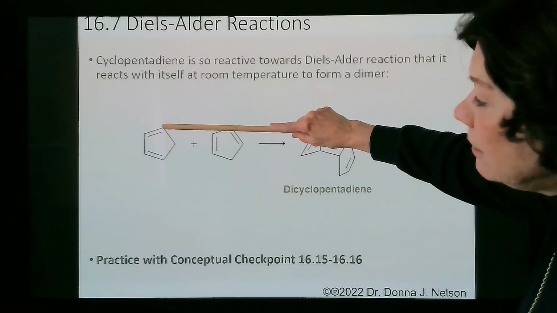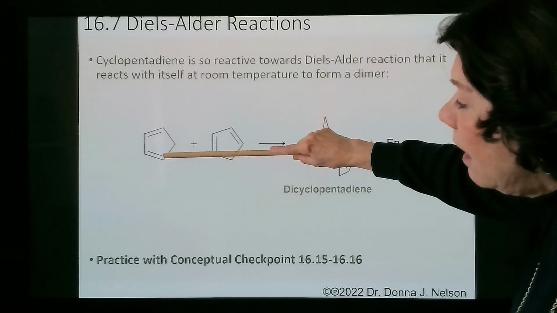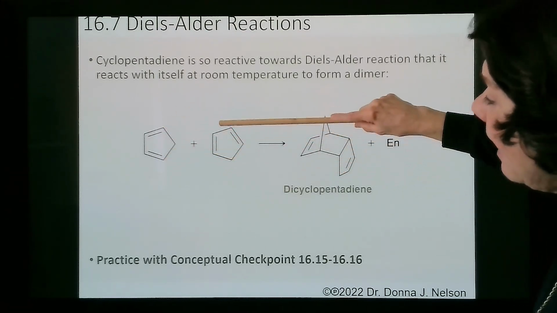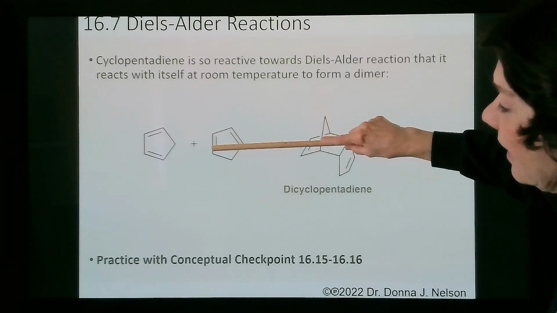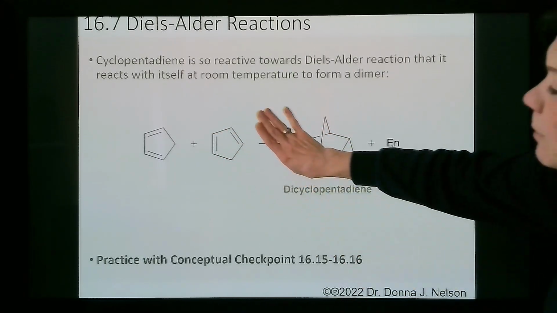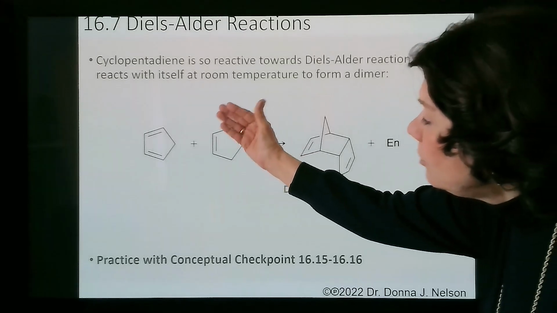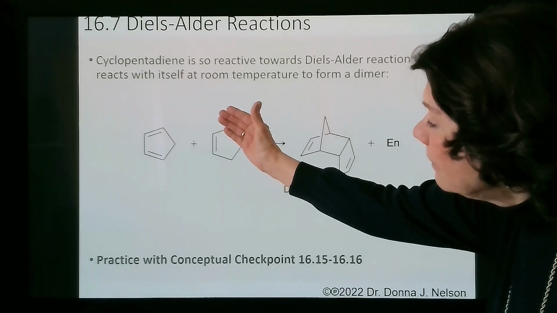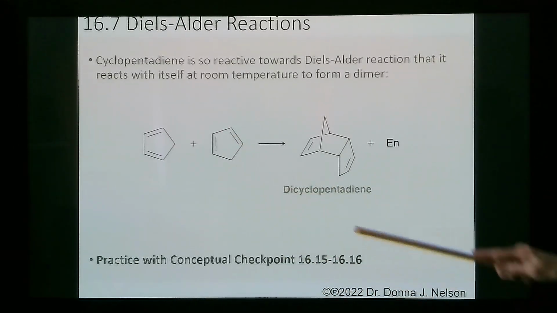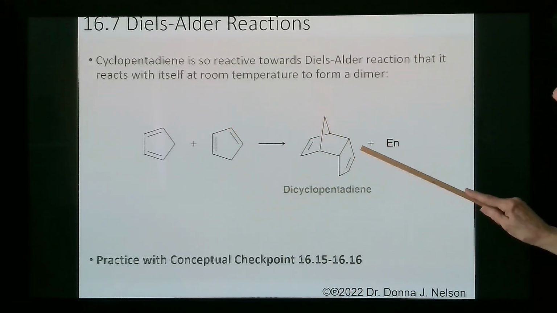And so this end of the pi system and that end of the pi system have reacted with these two ends of the pi system here. This double bond is just a spectator. You ignore this double bond. Nothing happens with it. Only one of the double bonds is active. So this spectator just goes through the reaction intact.